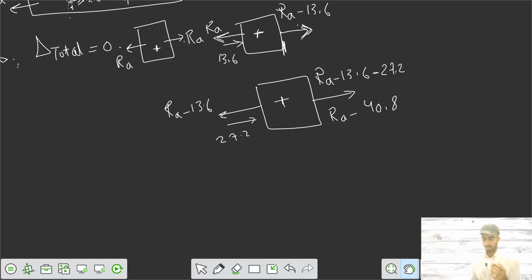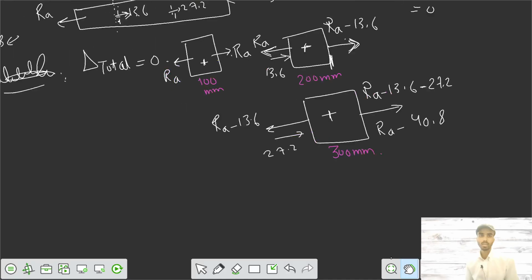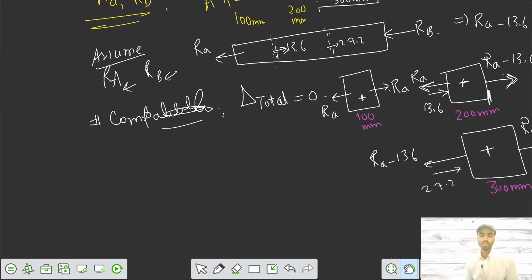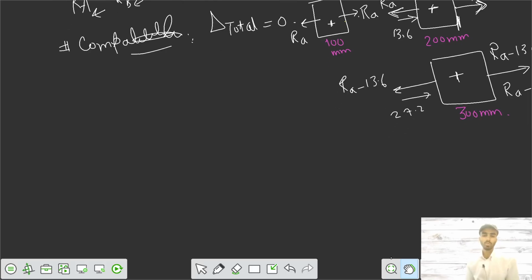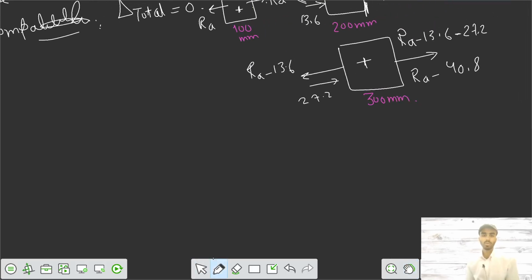Their lengths are also mentioned. Let's say this one is 100 mm, this one is 200 mm, and this one is 300 mm. Now using the condition of compatibility, that is, net displacement between the supports A and B has to be equal to 0.